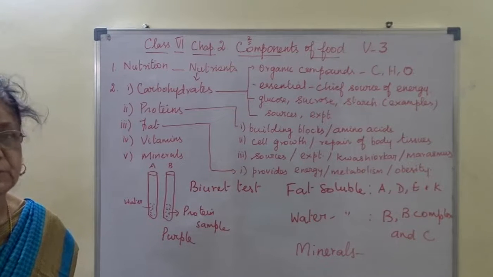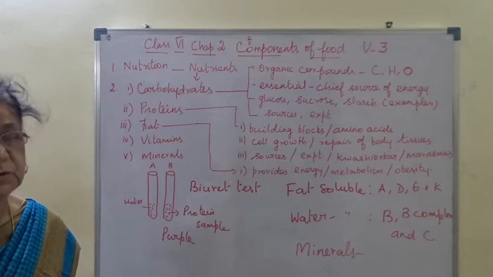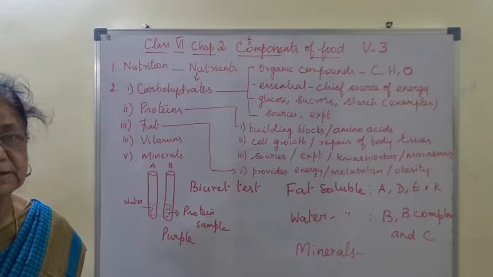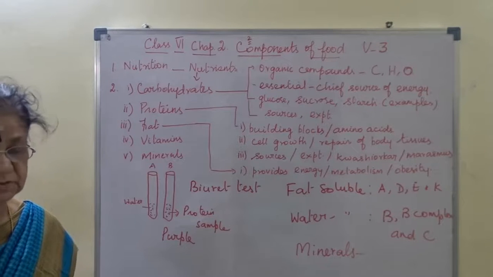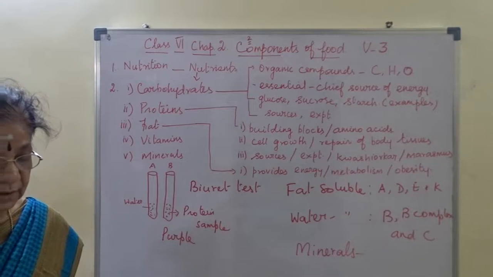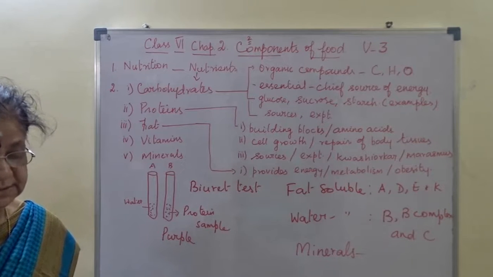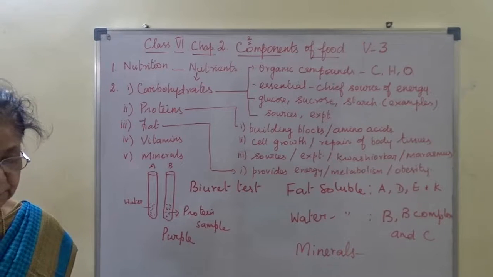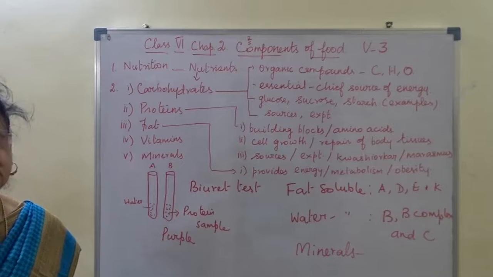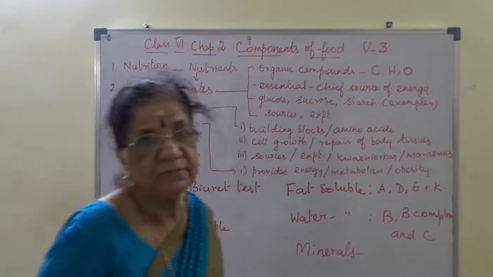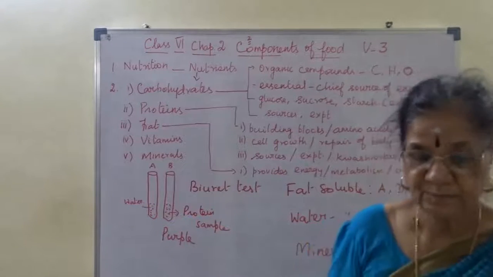I repeat, B1 thiamine, B2 riboflavin, B3 niacin, B6 pyridoxine and B12 cyanocobalamin. And the diseases: B1 beriberi, B2 ariboflavinosis, B3 pellagra, B6 dermatitis, B12 pernicious anemia. You should know these.